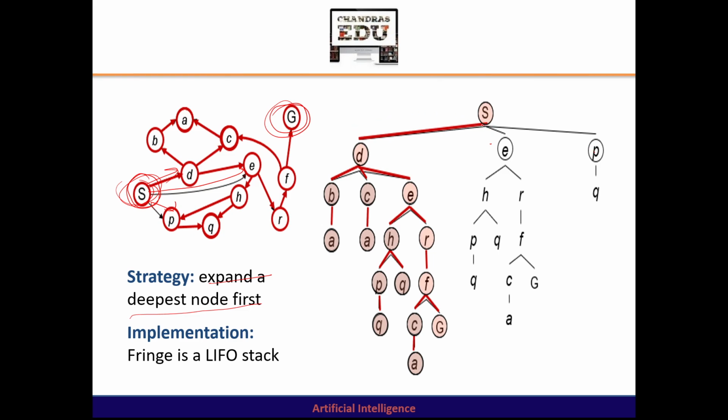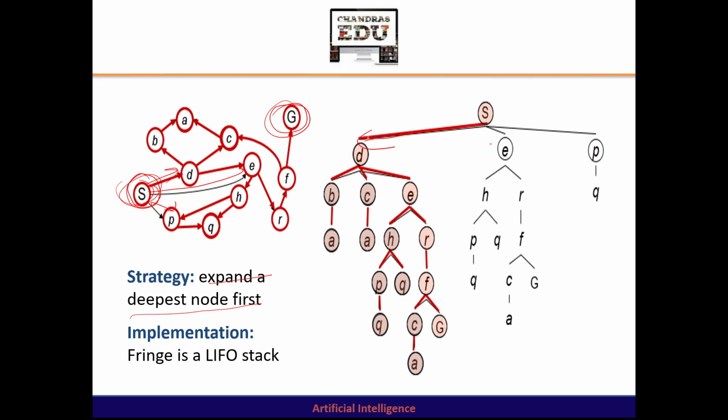So first, as we know, it will always try to go to the leftmost path. The leftmost path is whatever the D we have chosen here.